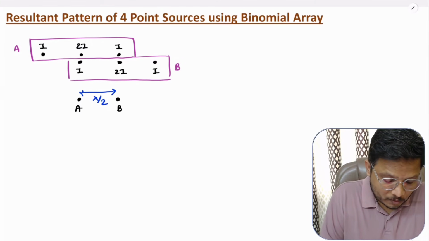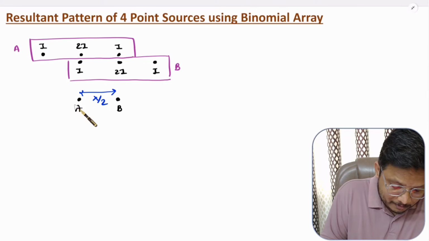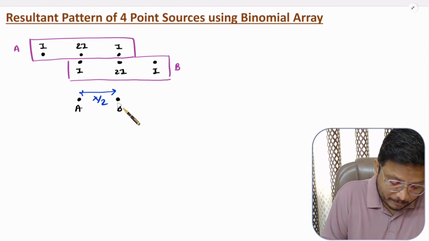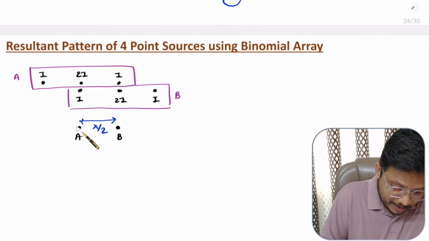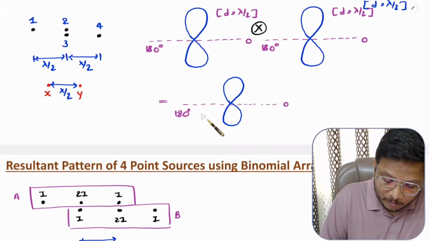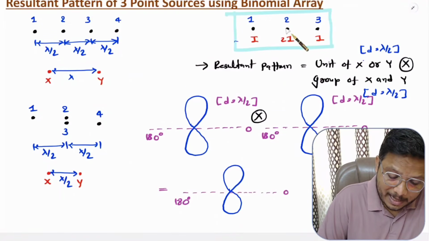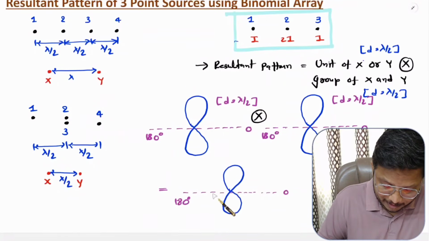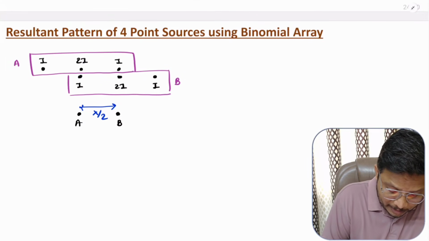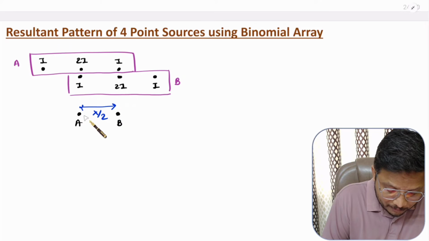So if you multiply this pattern of A and B, you will get the resultant pattern. The pattern of A, that is the I, 2I, I pattern, we have derived over here. So you just need to multiply the unit pattern of A into the group pattern of A and B.